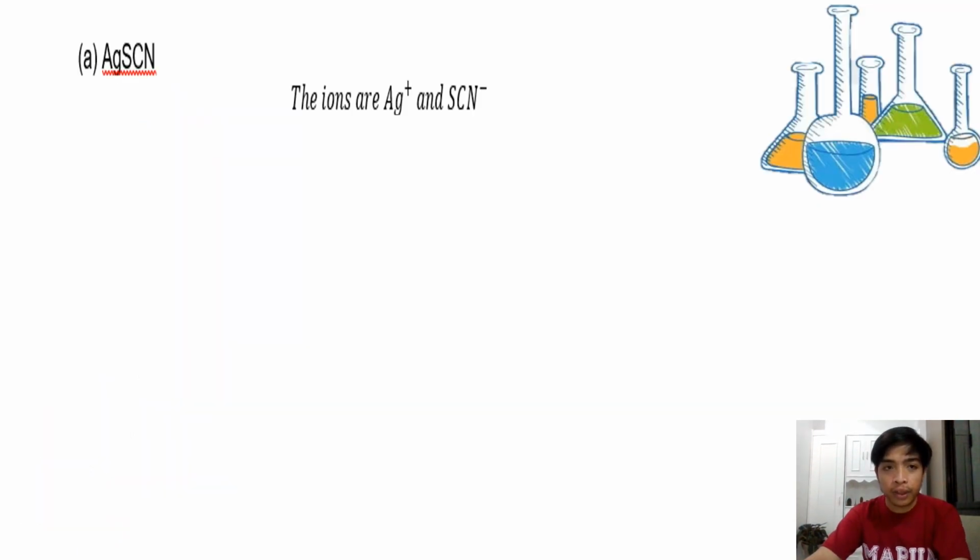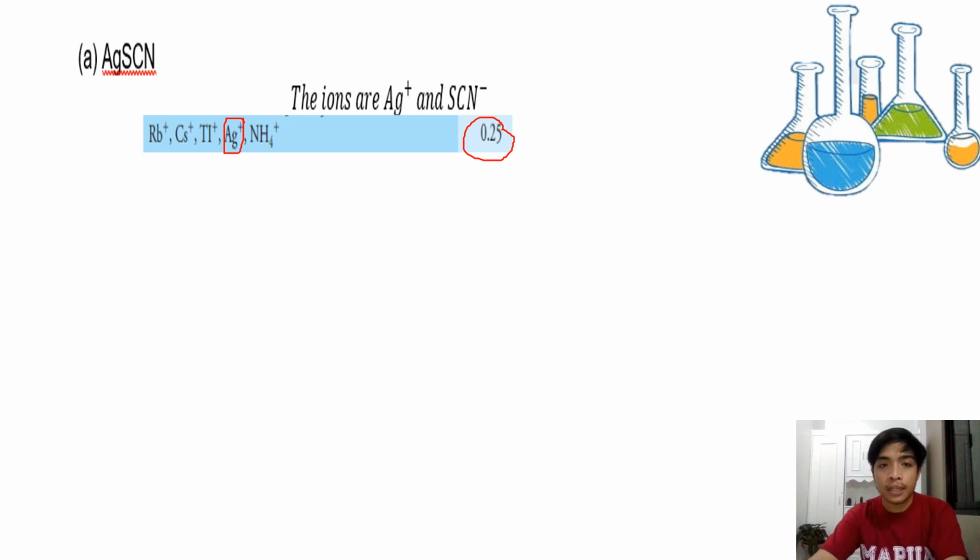So first, for the silver thiocyanate, the ions are silver ion and thiocyanate ion. The charge of silver ion is positive 1, and the effective diameter of silver ion is 0.25.